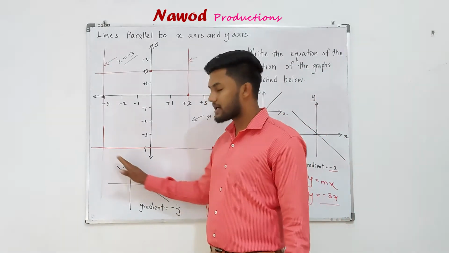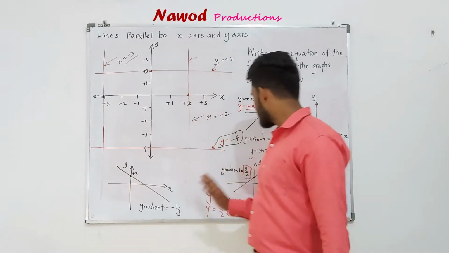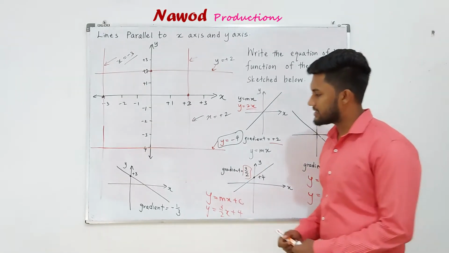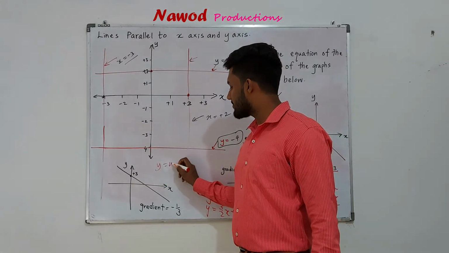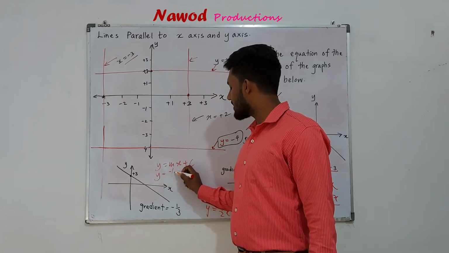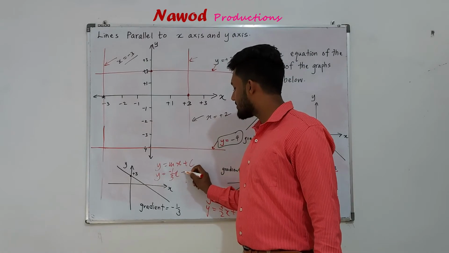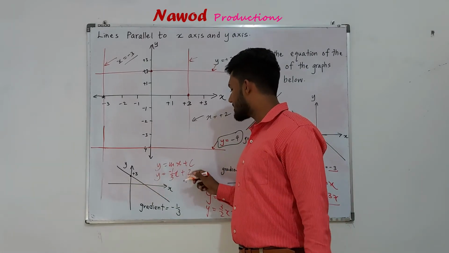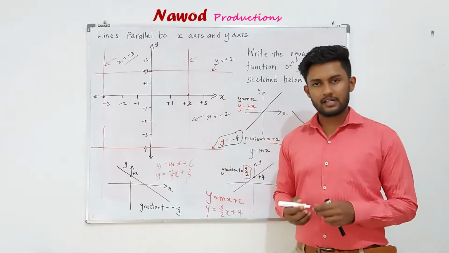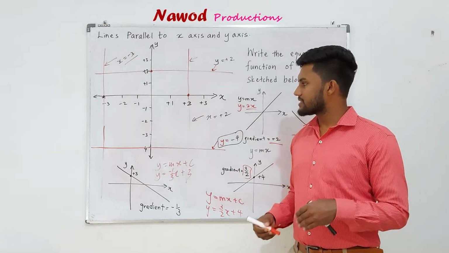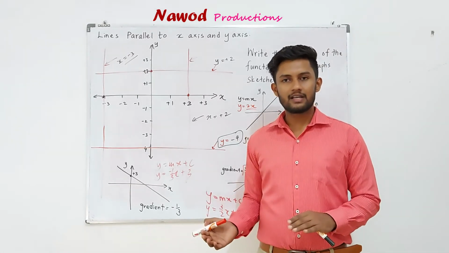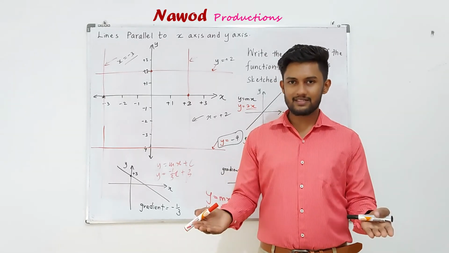Always to this side you get the minus gradients, and to this side you get the positive gradients. Then here y equal mx plus c, y equal minus 1 over 3x plus 3, because the intersection point of the y-axis is plus 3. Like that way you can continue this graphs lesson by understanding from the simple theories to the complex theories.